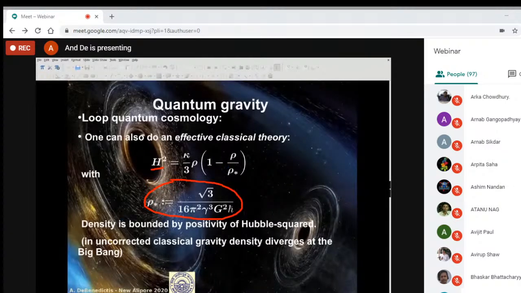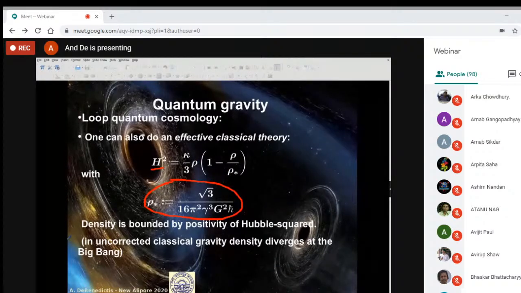So the density is bounded by the positivity of H squared. That means that rho cannot get too large. Otherwise, this equation can't be satisfied in the realm of the reals. So this is interpreted as saying that the loop quantum gravity correction prevents the density from going to infinity.